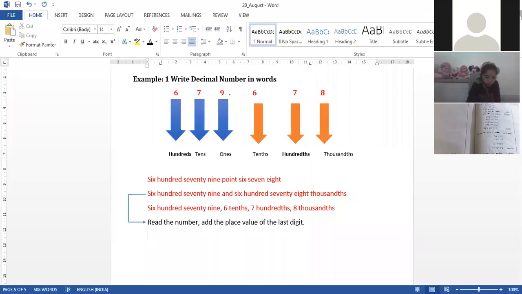Example to note down, everyone. Write decimal number in words.